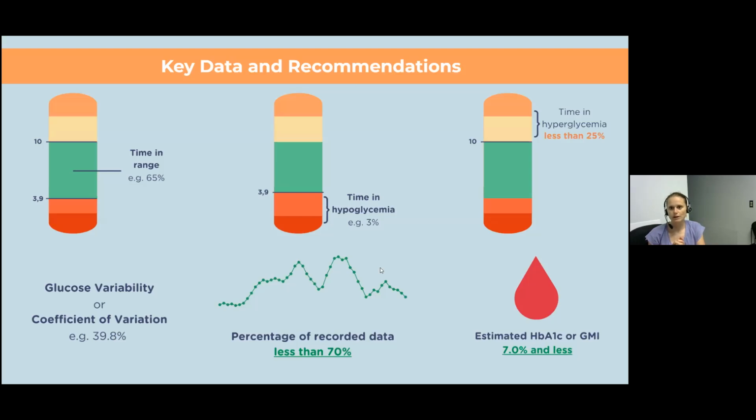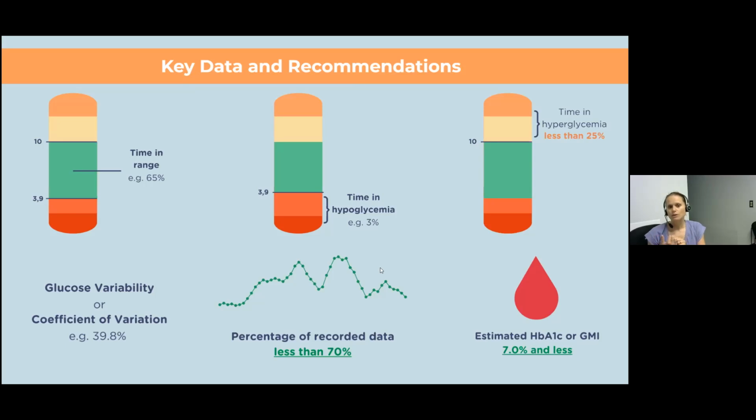The first thing that you're going to look at is the percentage of time that your glucose values are in range, and then the percentage of time that you spend in hypoglycemia and the percentage of time that you spend in hyperglycemia.